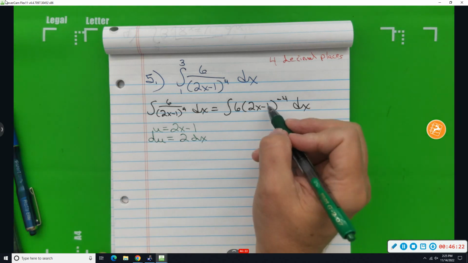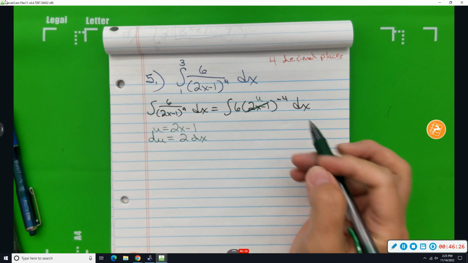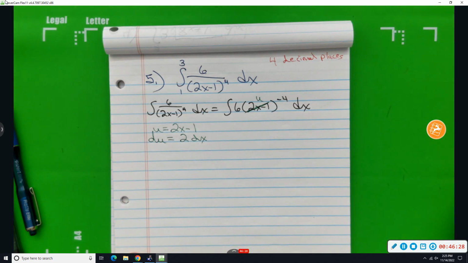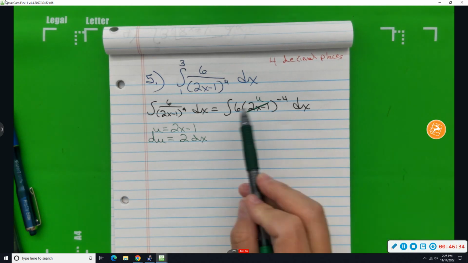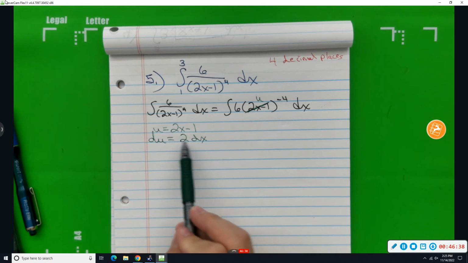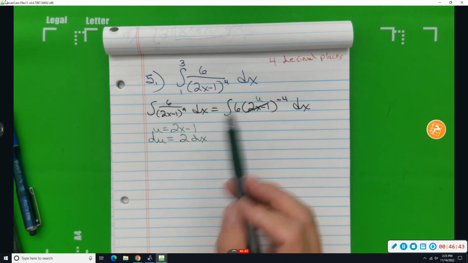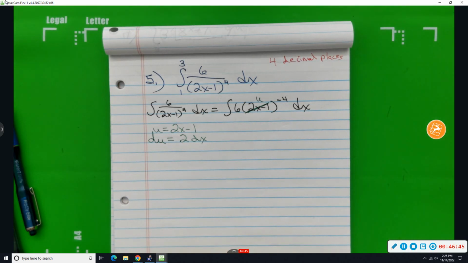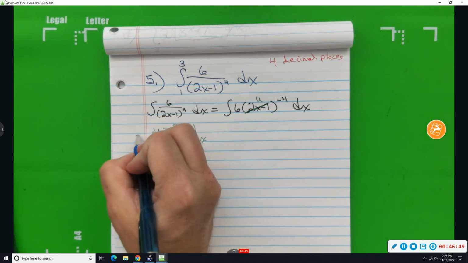So we want 2x minus 1 to become a u, so u to the negative 4 power. Hey, look at this. We have a 6 dx. Down here we have a 2 dx. I think I could multiply and get rid of that 6 there. What would I need to do? Maybe multiply down here by 3.